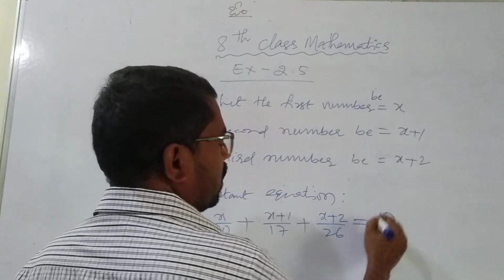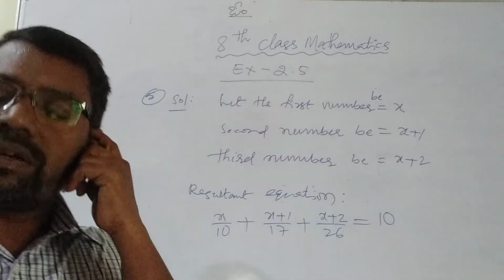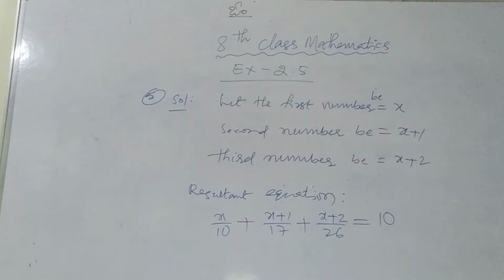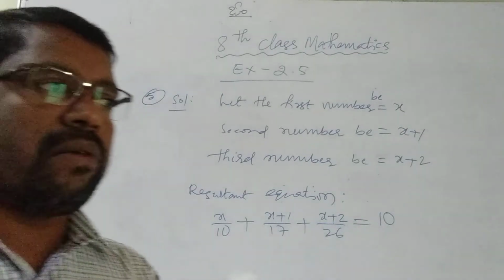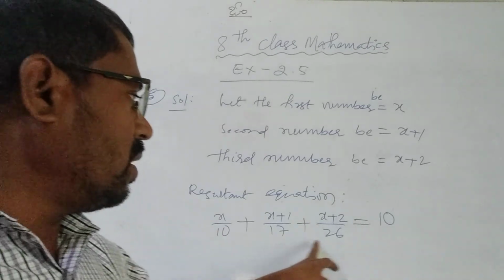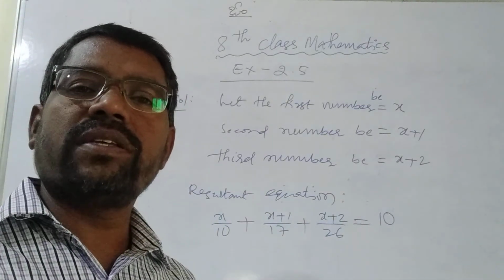The sum of all these coefficients must be equal to 10. This is our question. Now we are going to find the value of x by taking the LCM of 10, 17 and 26. This is a very simple one.